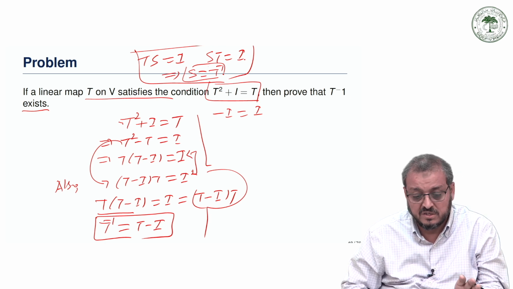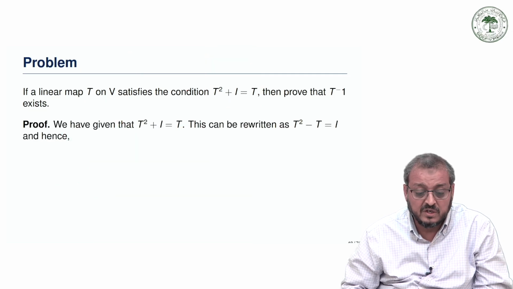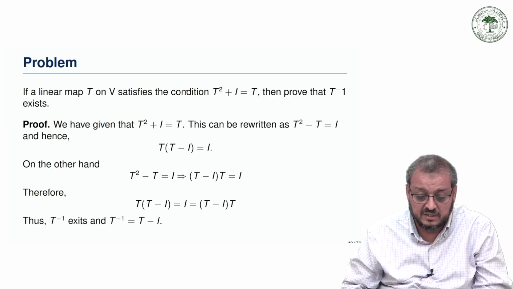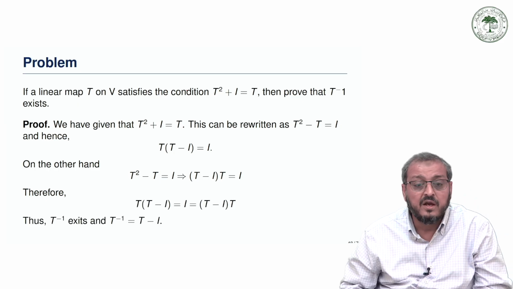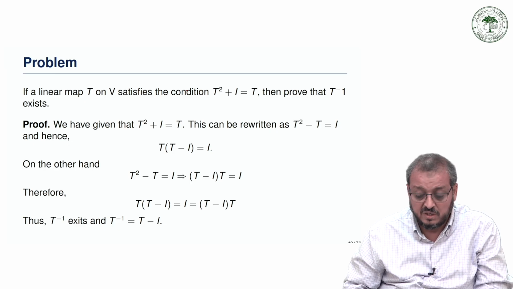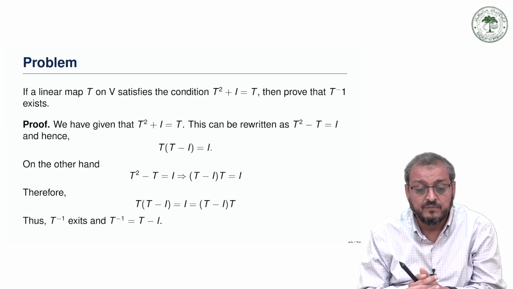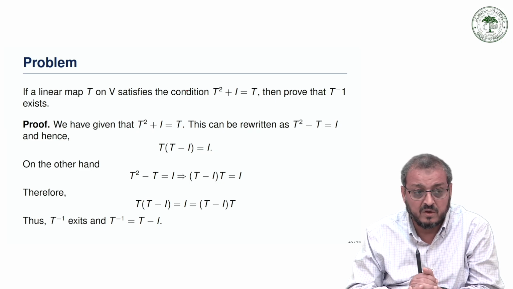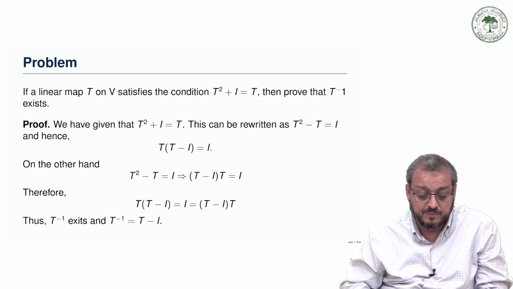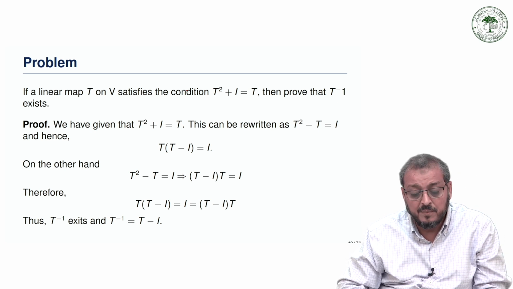So we showed this clearly. On the other hand, we get this form. So clearly we can say that T inverse satisfies this and holds the property. So I complete the solution of this problem.